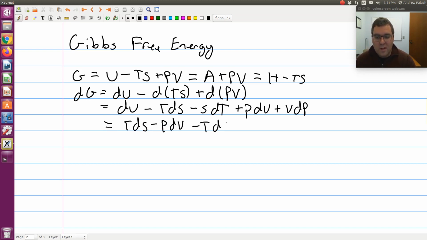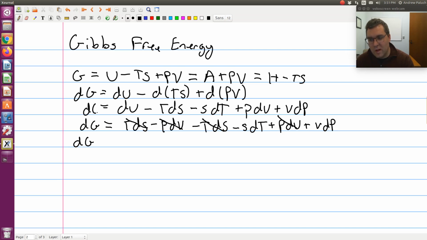So this is TdS minus PdV minus TdS minus SdT plus PdV plus VdP. Sounds like alphabet soup. So I have a positive TdS and negative TdS that cancels, negative PdV plus PdV here, and we're left with dG. So the differential of my molar Gibbs free energy is equal to negative SdT plus VdP.